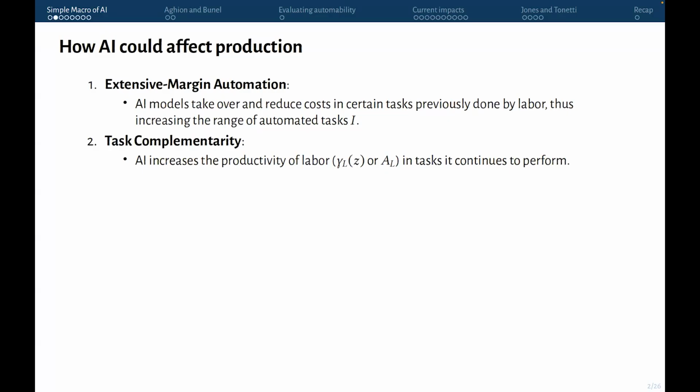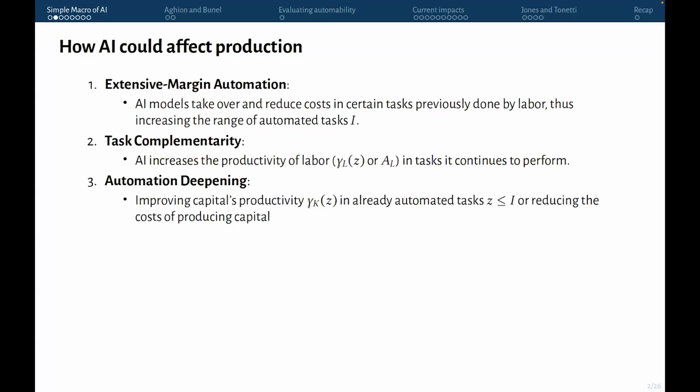And that could come in the form of the task-specific productivity terms or the aggregate labor augmenting technology term. The third is automation deepening, which would be improving capital's productivity in already automated tasks or reducing the cost of producing capital. And the fourth is creating new tasks, increasing the measure of tasks.